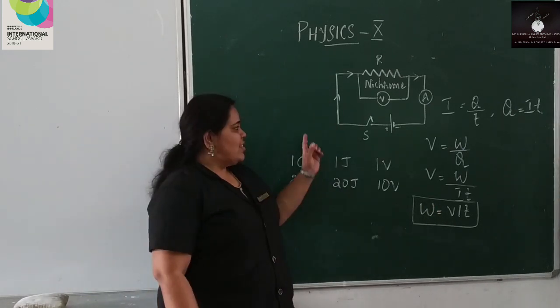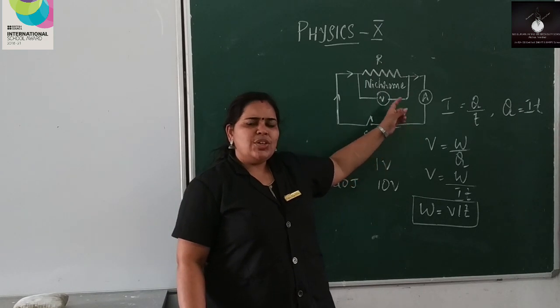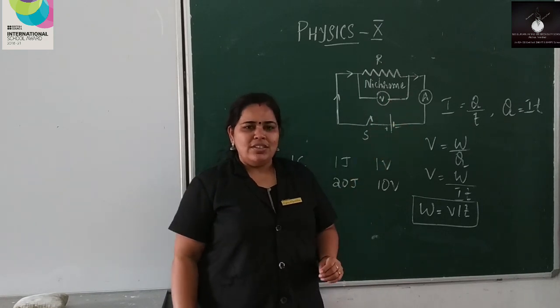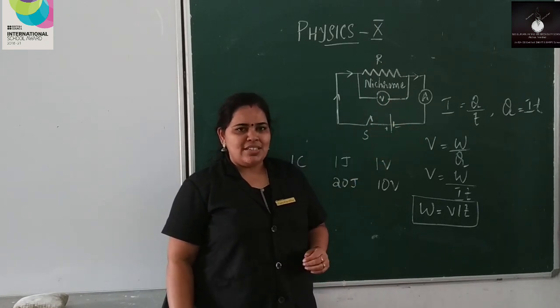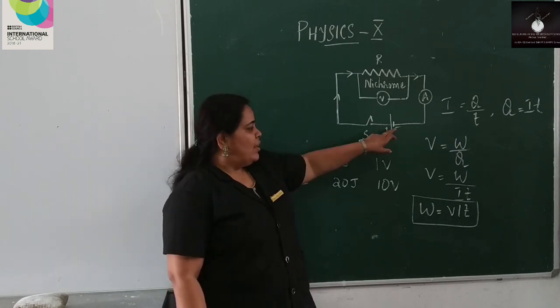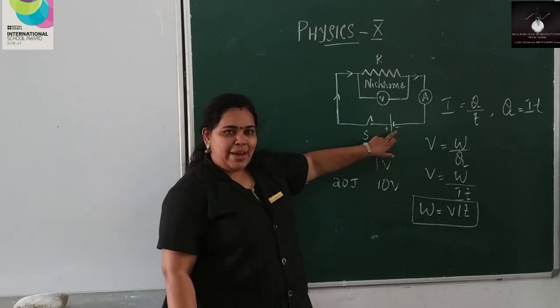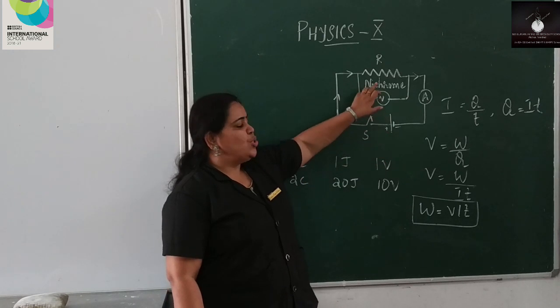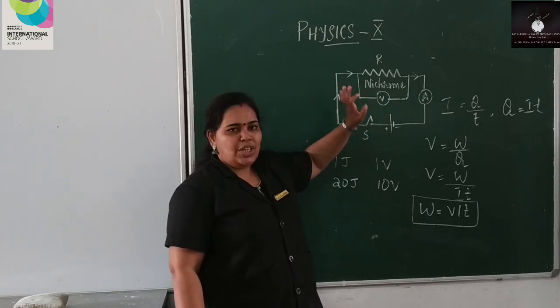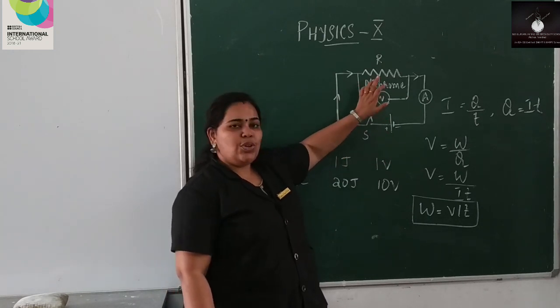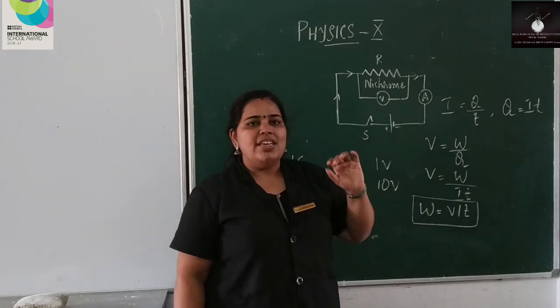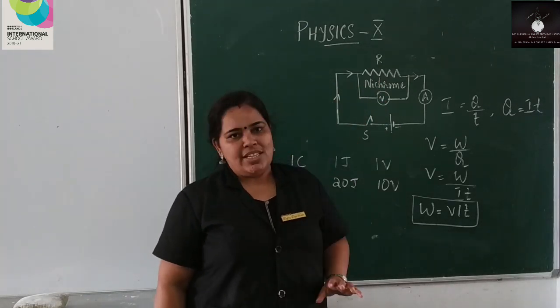When current passes through this nichrome wire, the nichrome wire turns red hot. What is the reason for that? The current supplied by the battery is converted into heat in the case of nichrome. That is, the electrical energy is converted into heat energy.